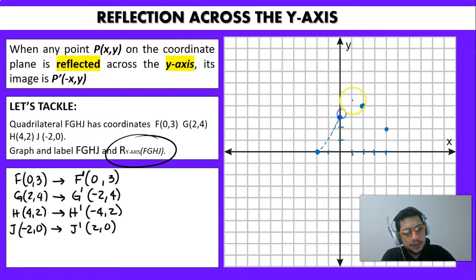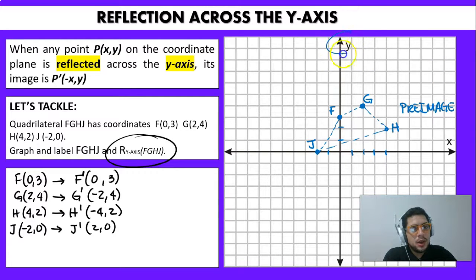And we're going to have our pre-image, right? So we're going to have J here, we're going to have H here, we're going to have G here, and we're going to have F here.